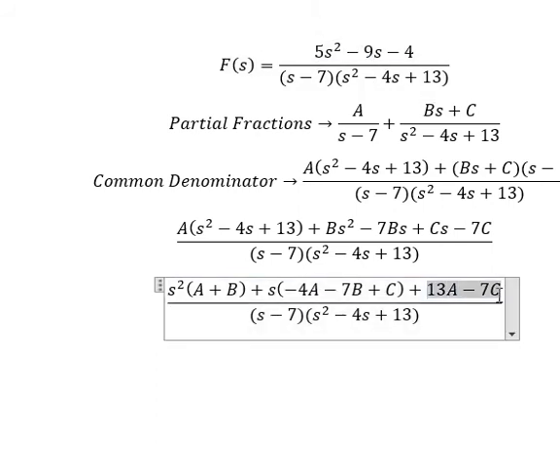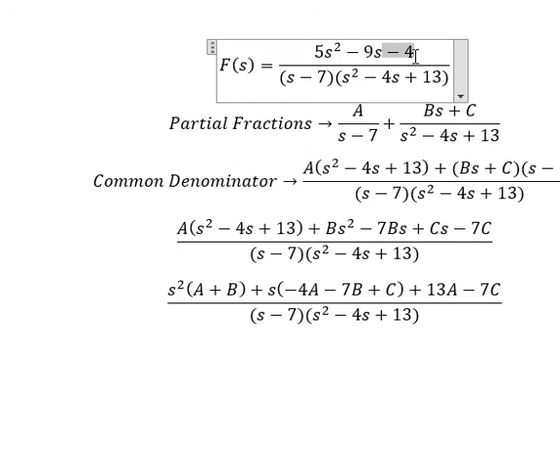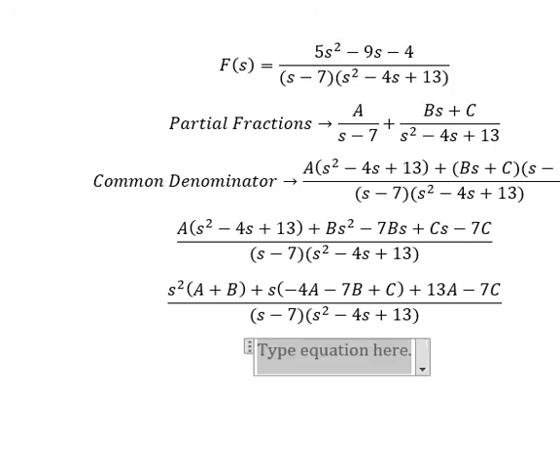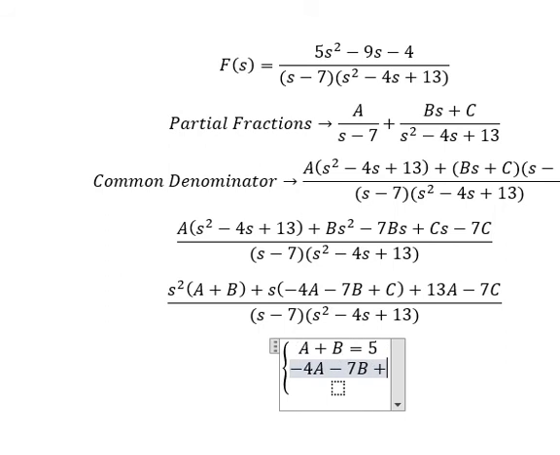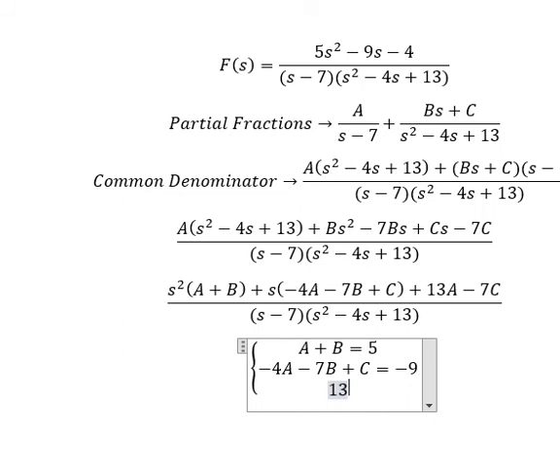About this one equals negative number 4. So we create the system of equations. A plus B equals number 5. Negative 4A, negative 7B plus C equals negative number 9. And the last one.